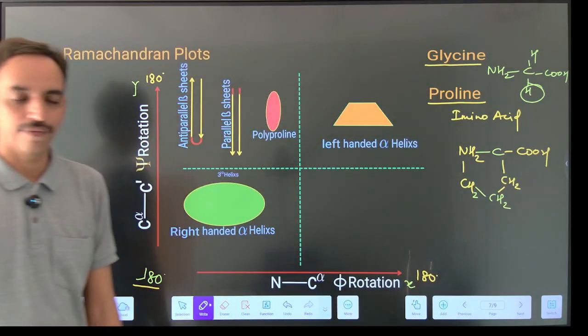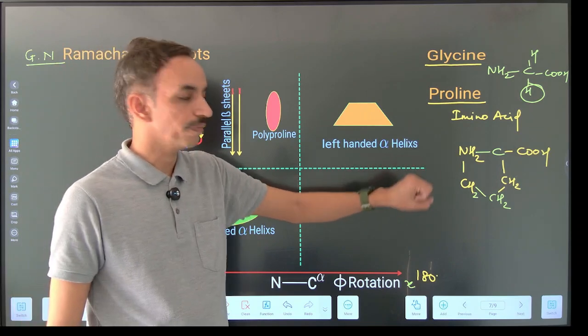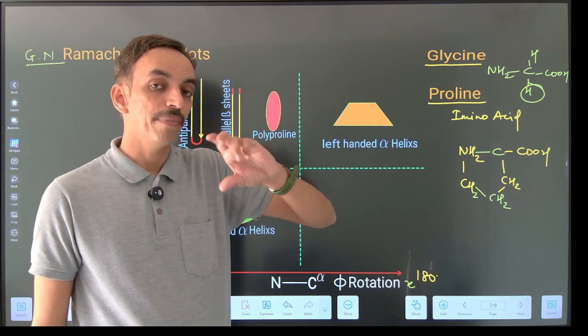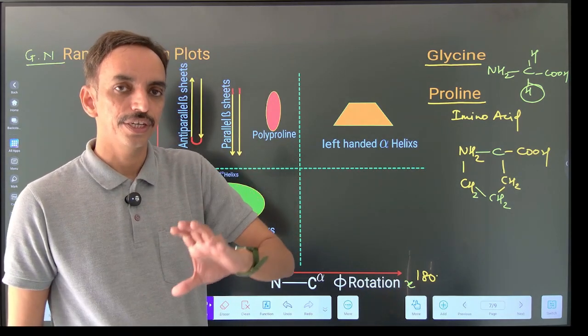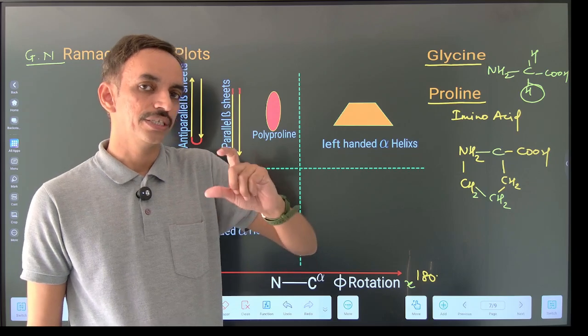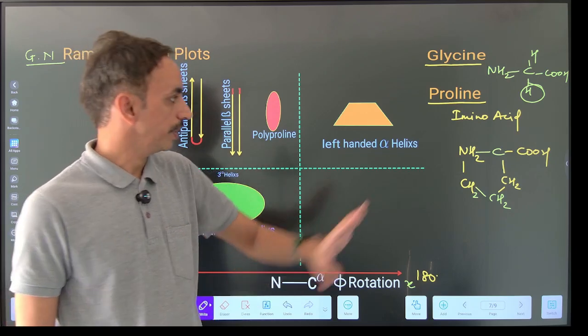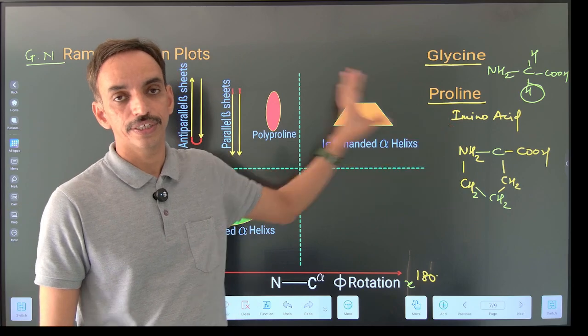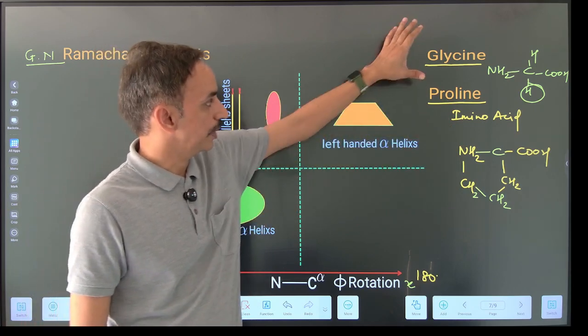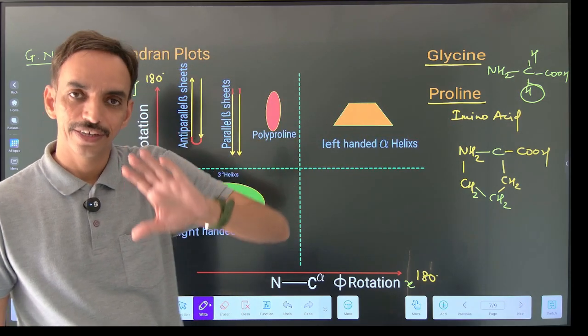That's why it is called the alpha amino acid, and due to the formation of this ring it imposes maximum steric hindrance that does not allow much psi and phi rotations. So it occupies least space on this Ramachandran plot. Maximum space is occupied by the amino acid glycine.